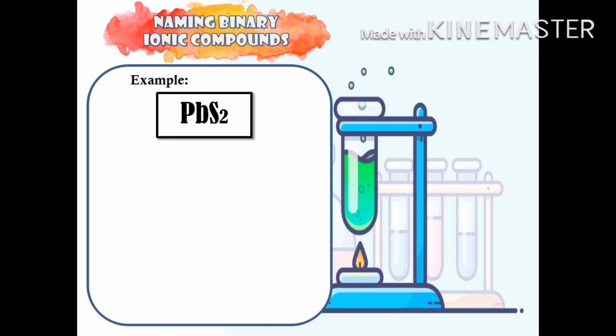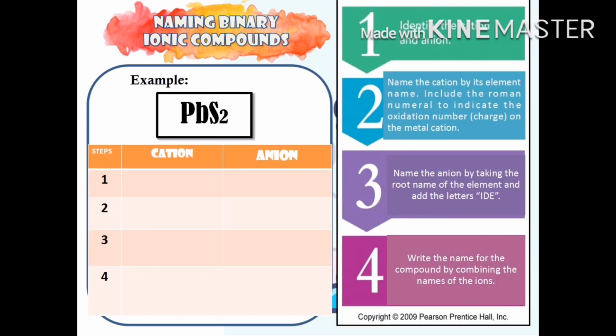PbS2. Again, to correctly name this compound, we have to follow these steps. First step, we have to identify the cation and the anion. As what I have said, in an ionic compound, it's the cation that is written first and followed by the anion.